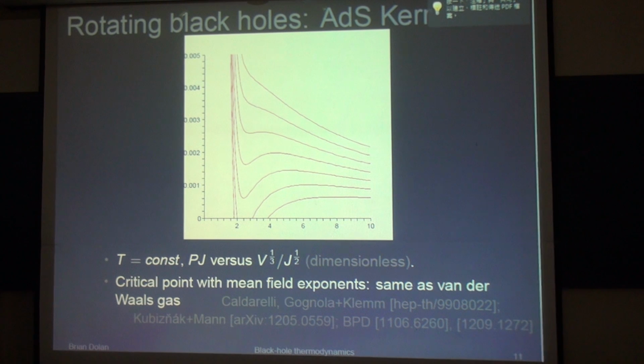Yeah. So you can calculate the compressibility, you can calculate the speed of sound. It's never greater than the speed of light. It's always less than or equal to the speed of light. But it's not a sound that's coming out of the black hole. It's more associated with the surface of the black hole.